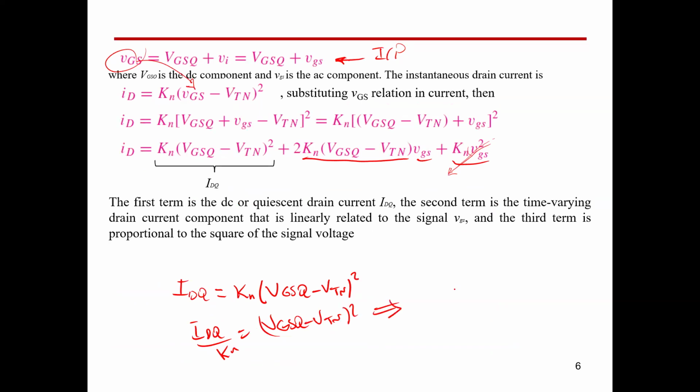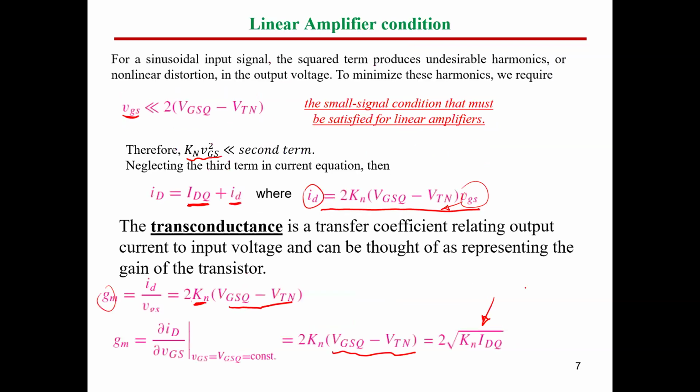So I can say now the term VGSQ minus VTN equals root IDQ divided by Kn. So in the relation here, if you would like to replace this now, this term can be replaced by root IDQ divided by Kn.